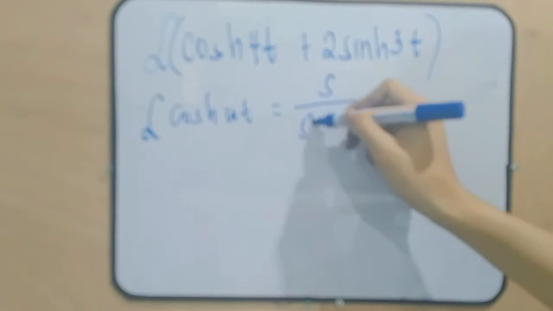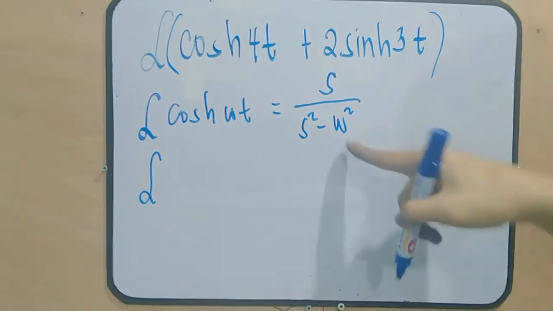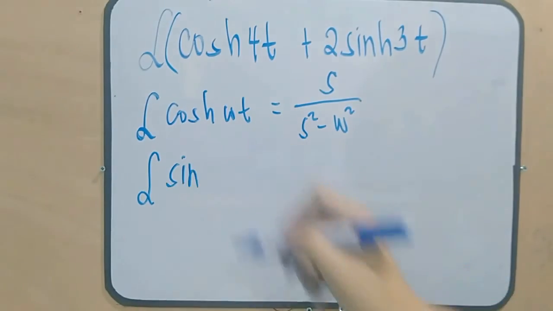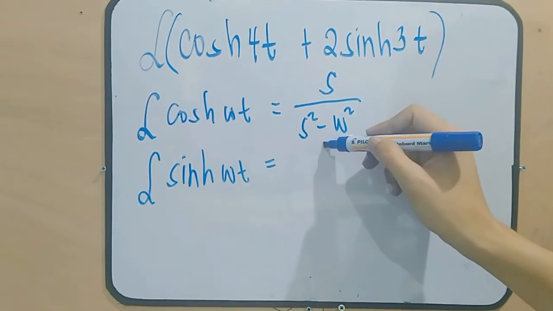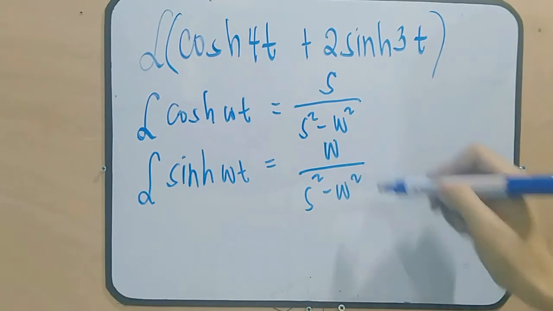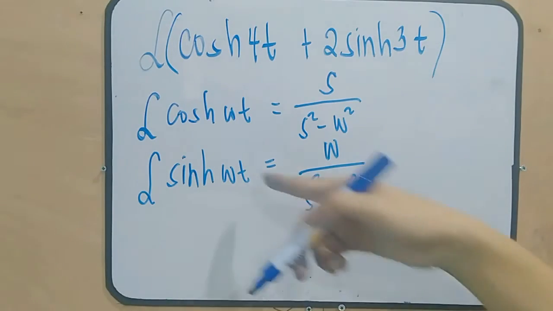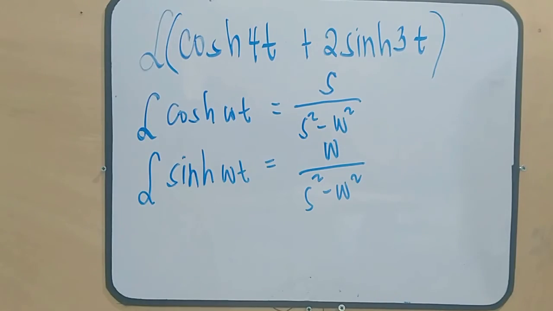So this is s squared minus w squared. Now for sine, it's the same, we just change the sign of the denominator. So for hyperbolic sine wt, we have w on top and s squared minus w squared. Those are the differences between trigonometric and hyperbolic, guys. For hyperbolic, the denominator becomes minus.